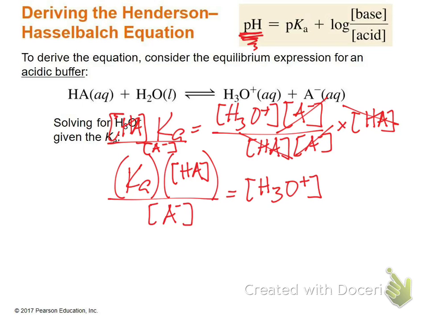Right, so now we've isolated the concentration of hydronium ion. So now we can take the negative log of both sides, and we get the pKa, right? So negative log of this hydronium ion, right? And we'll do the same thing for the other side, negative log of Ka.